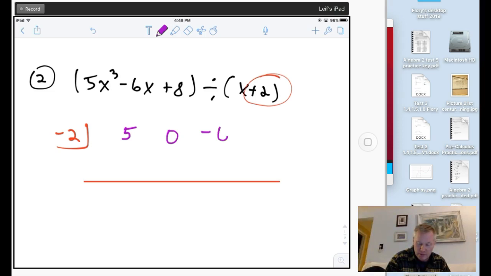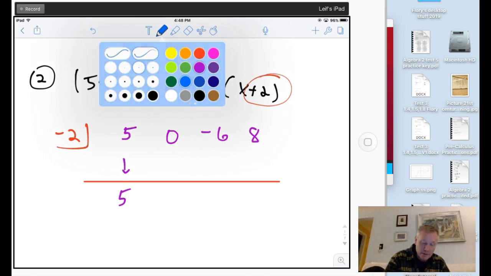All right, but I have an x, and I have a regular number, so all the rest of those are covered, all right? So that's where the 0 came from, for the 0x squared. Now I bring down the 5, and I multiply and add, multiply and add, multiply and add.